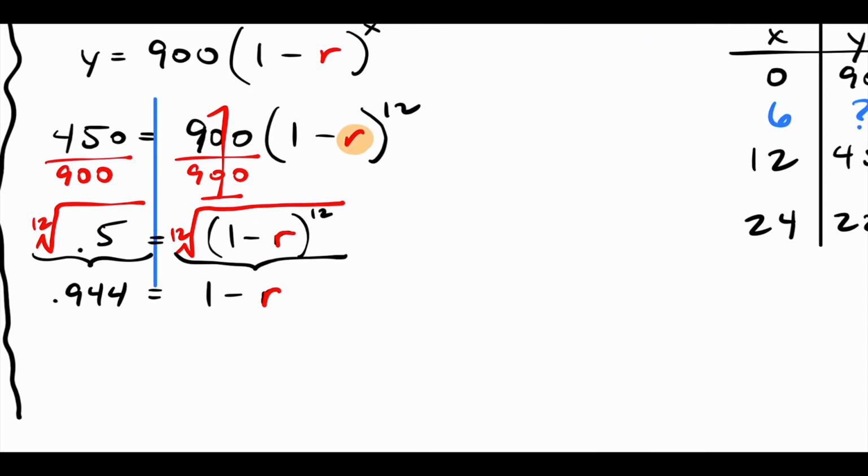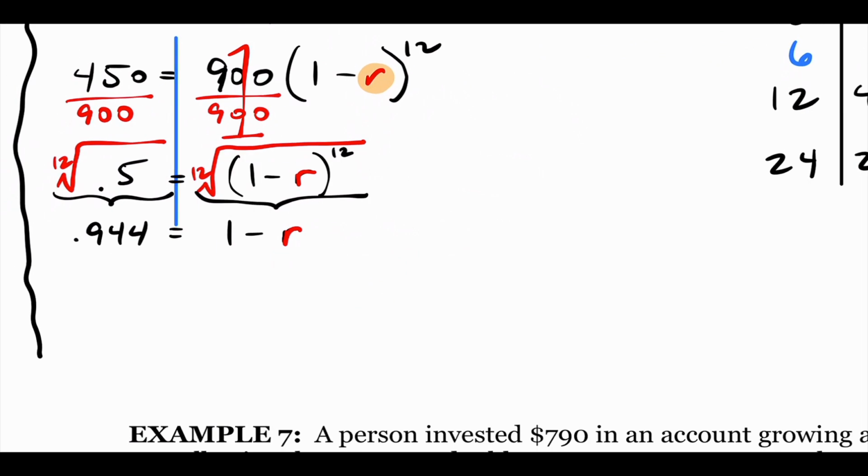How do I get r by itself? What do I got to do? So I want to get rid of the 1, right? Because I want to get r by itself. So 1 is positive or negative? It's positive. So I need to subtract 1 whole from both sides.